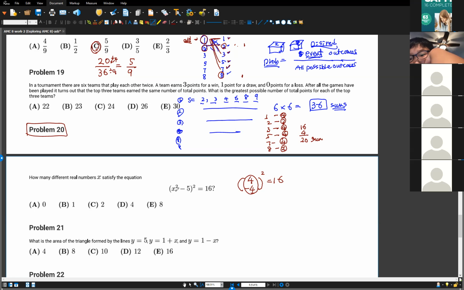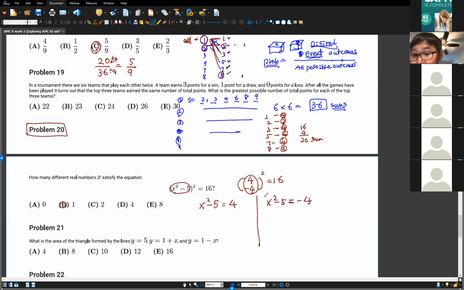Now take a look at the number inside that we have over here. X squared minus 5 can be 4, or x squared minus 5 equals negative 4.